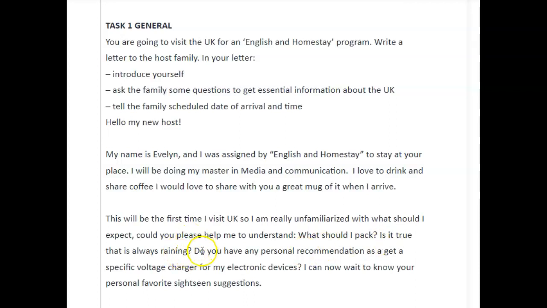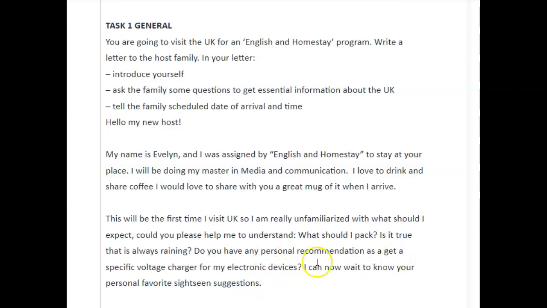And then here you could say, lastly, would you mind telling me any personal recommendations regarding a specific voltage charger for my electronic devices? Okay. So that's another nice way of introducing a question in a more formal way. Okay. So that's how you do this.